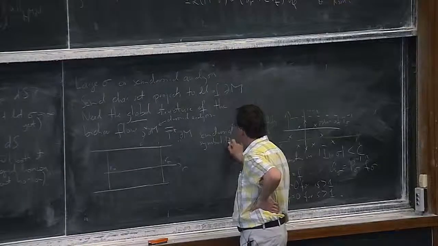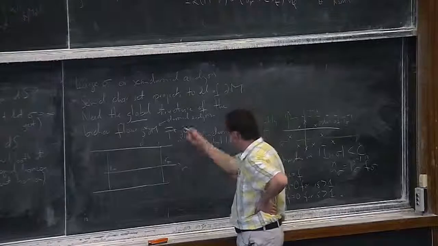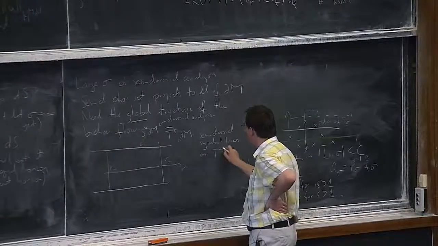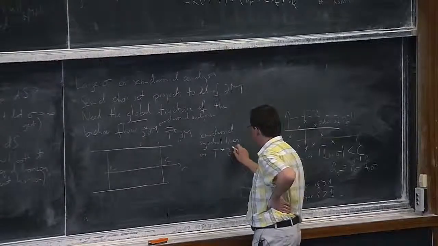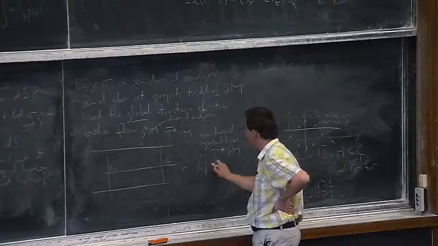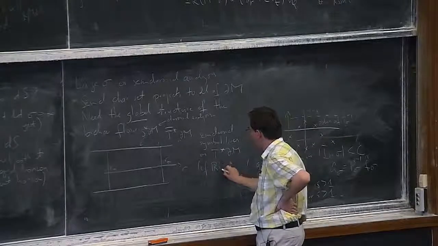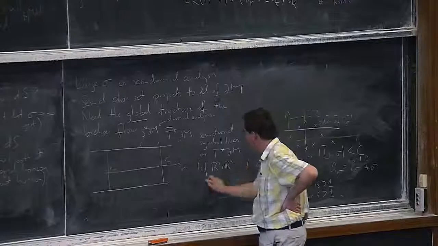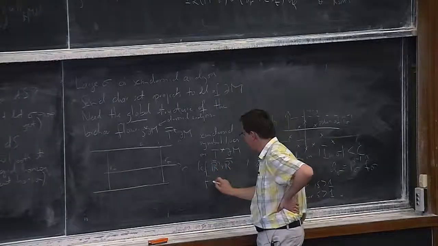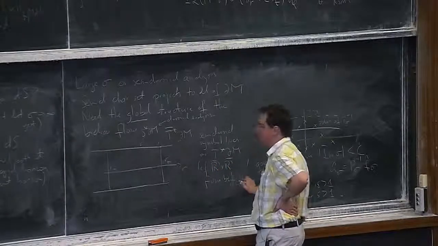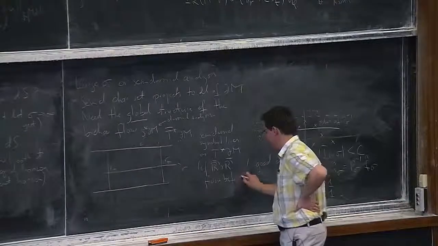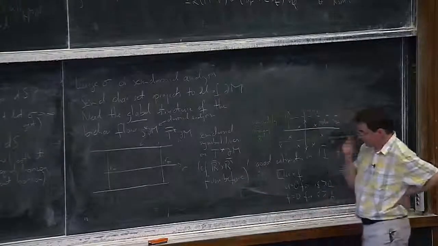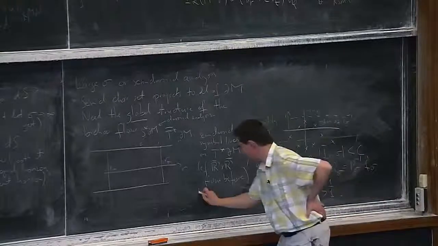So this lives on really all of T star of your space. So it would be like R^n cross R^n from before, maybe with bars, except we are in n minus 1 dimension if I Fourier transform.